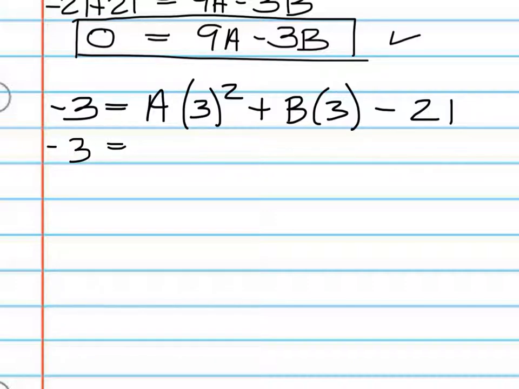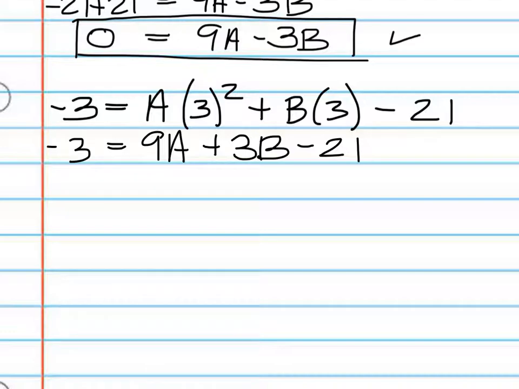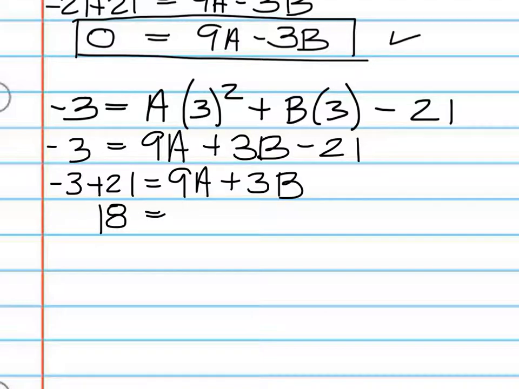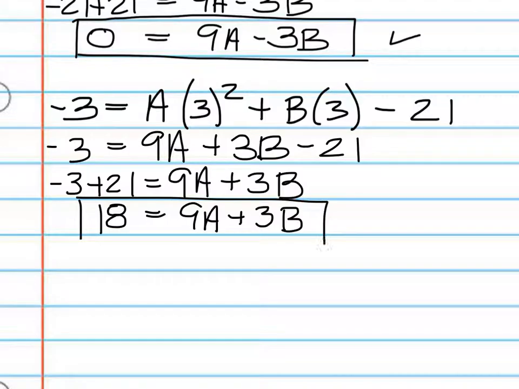Quantity squared of positive 3 is 9, so we end up with 9a, and then plus 3b minus 21. Move that minus 21 over to the left-hand side, and we're going to come up with negative 3 plus 21. And that simplifies to 18. There is the second equation that you need.